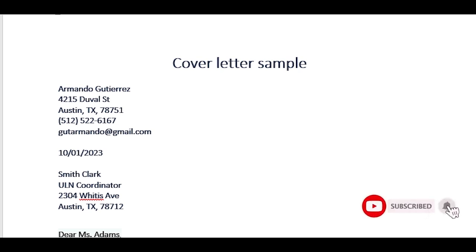As we have discussed how we can format and structure the cover letter, now here is the sample. In the first slide, you have your name, your address, and your email contact. You have to mention all these things at the top of the page.